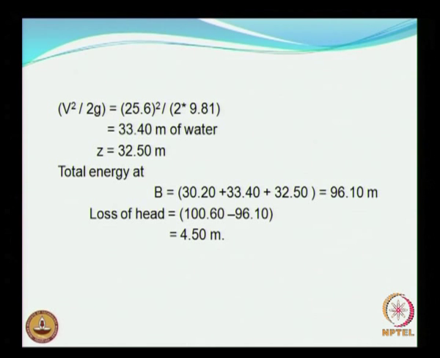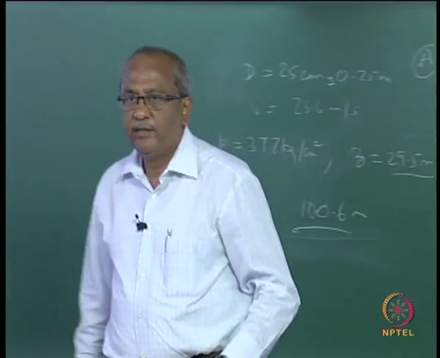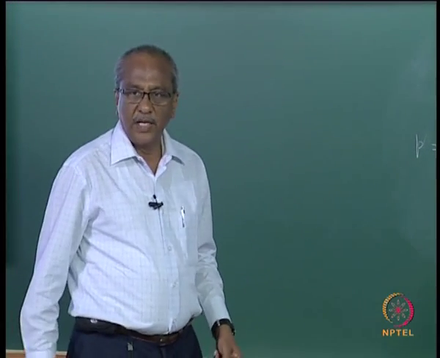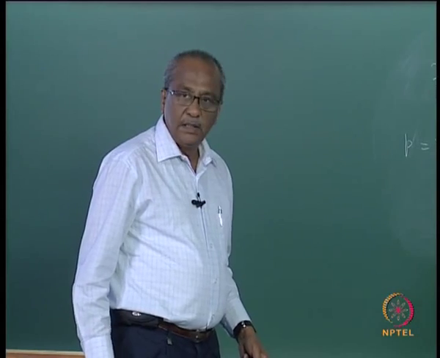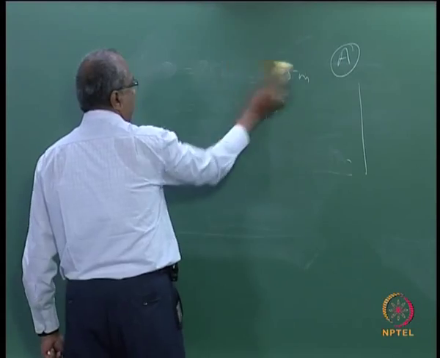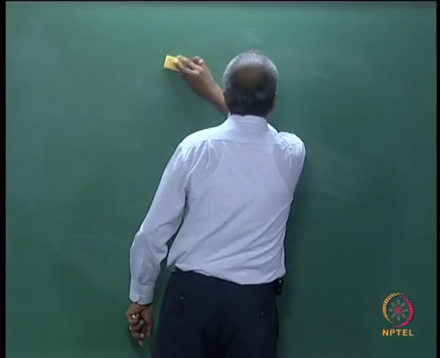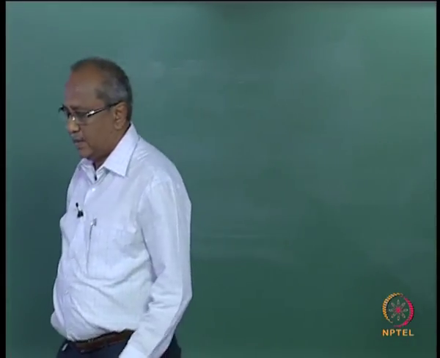So at B the total energy head will be 9.96. So you see that the head loss will be this minus this, which is 4.5 meters total energy loss. All these things are quite important, particularly when you are working with flow related problems. You need to use some of these calculations.